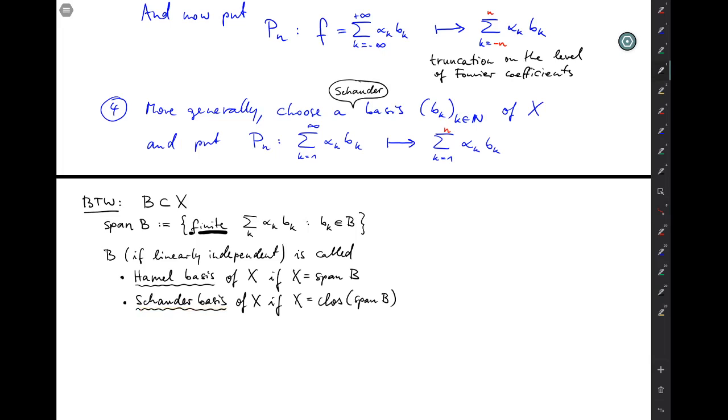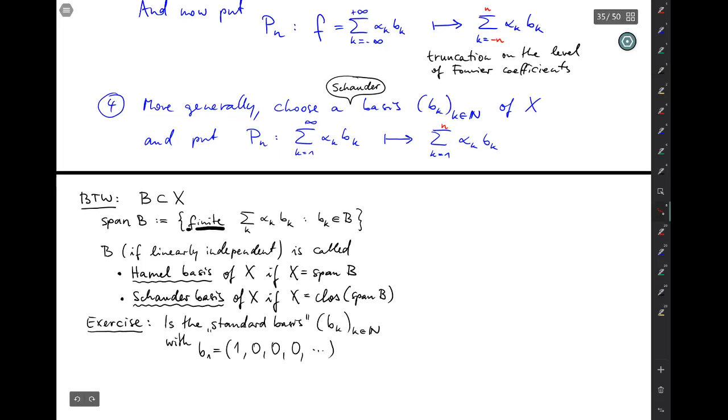And the same is true in the previous example with the Fourier expansions. To practice this basis stuff a little bit, let me give you a little exercise. In our sequence spaces, we sometimes speak of the standard basis, where the first basis element is the sequence that has 1 at the first position and zeros everywhere else.